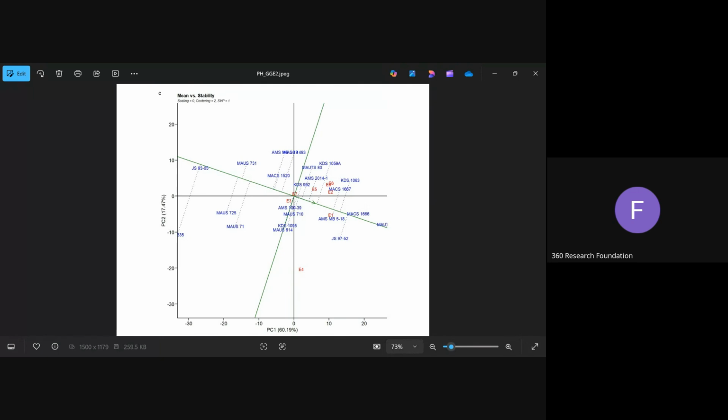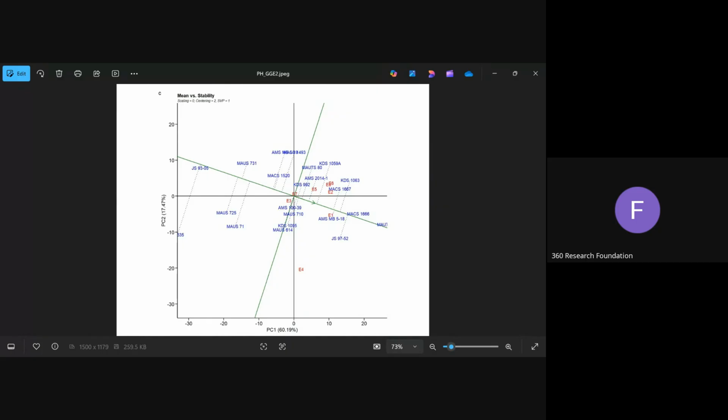On that basis only we need to classify these genotypes. Firstly, we interpret mean performance, and then as far as stability is concerned, whichever genotypes are near to the origin are more stable, as they have minimal deviation from this axis. That's why they are considered consistent performers across the environments.